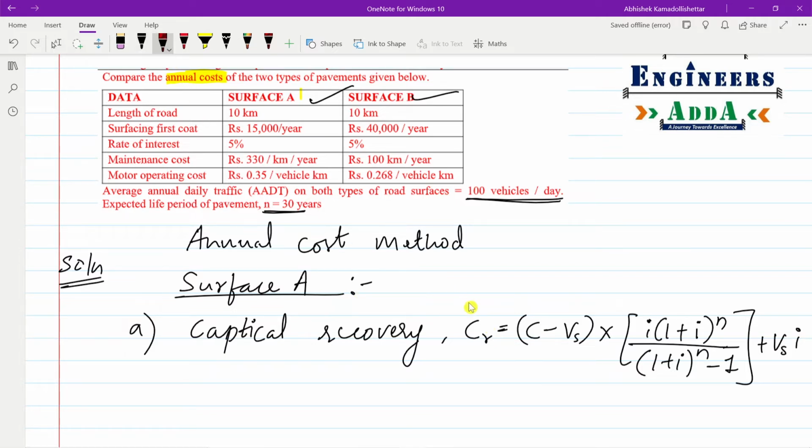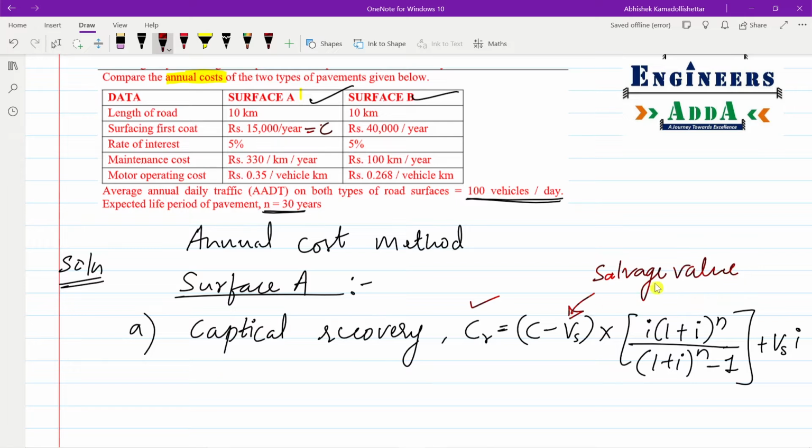CR is the capital recovery, C is the initial investment, the surfacing coat. The value is given, that is C for surface A, and Vs is the salvage value.